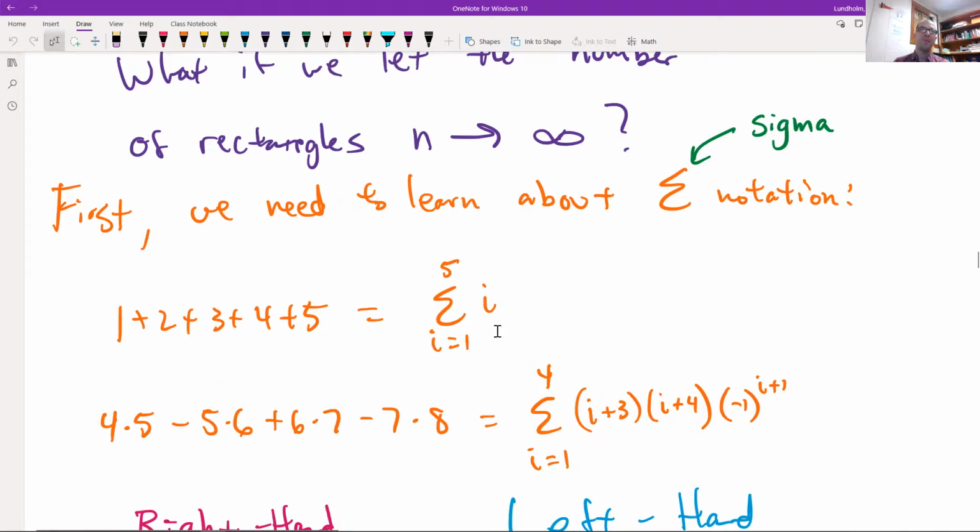It's even better and more concise compared to really long sums of things. In this case, what we have is just the sum 1 plus 2 plus 3 plus 4 plus 5. And how that's encoded in sigma notation is i is called an index, and this is the start value of the index.